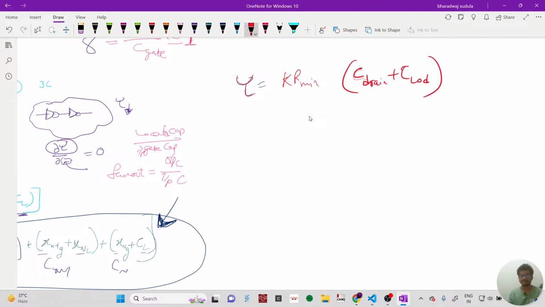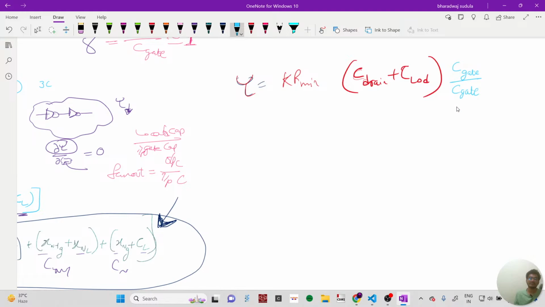This is the expression, right? So I'll do some manipulation here. I'll include gate cap, I'll tell you why. This is the gate cap, and I'll divide by it so that the entire expression will be intact as is. So I have changed nothing. This will be cancelled out, it will be 1, right? So why did I include this C gate? I multiplied and divided by it.